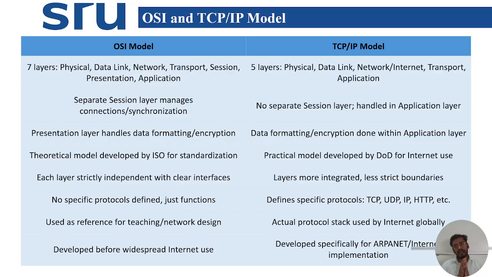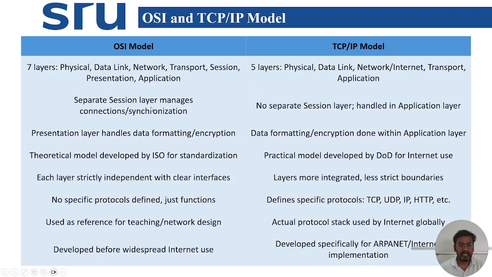So coming to the major differences between the Open Systems Interconnection model and TCP. OSI, as we discussed, has seven layers, the physical, network, transport, and application layers and others. TCP also has similar layers, but it's only five layers.